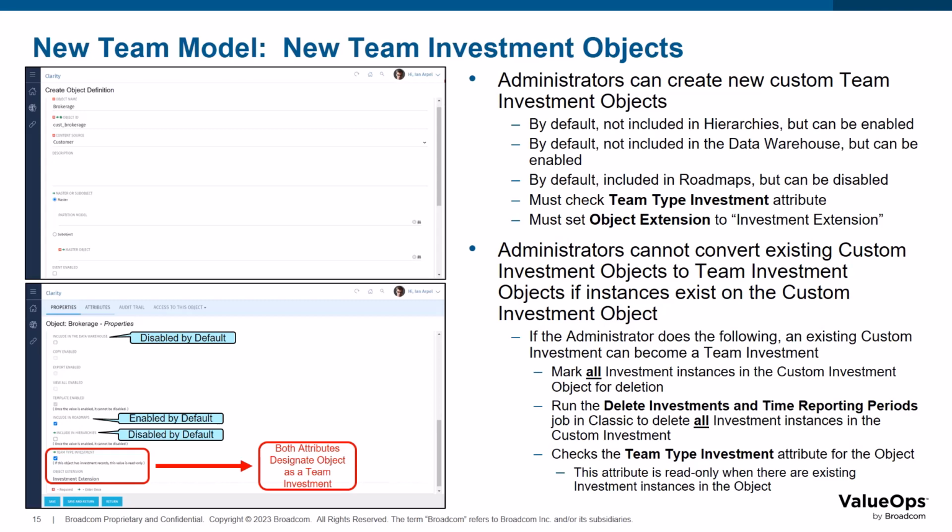They could do that by marking all investment instances in their custom investment for deletion and running the delete investments and time reporting periods job to delete all their investment instances. Then they will be able to check the team type investment attribute, because it won't be read-only anymore since it will not have any instances.